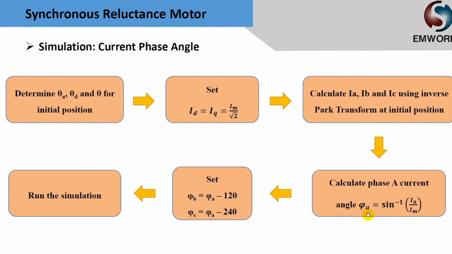Next, the phase of current angle is calculated simply using this equation. This angle will be applied to the simulation, and the phase B and C angles are shifted by 120 degrees. Please note that these values should be transformed to time to use in the simulation.